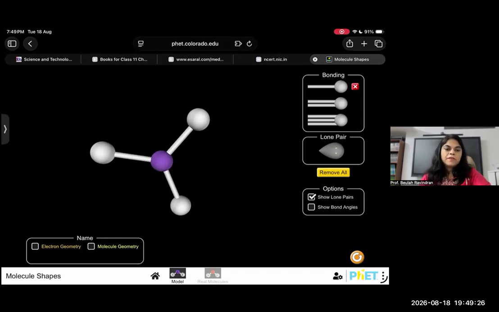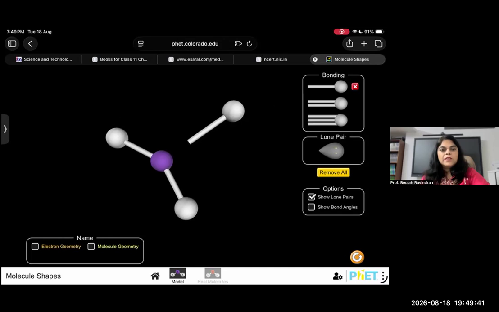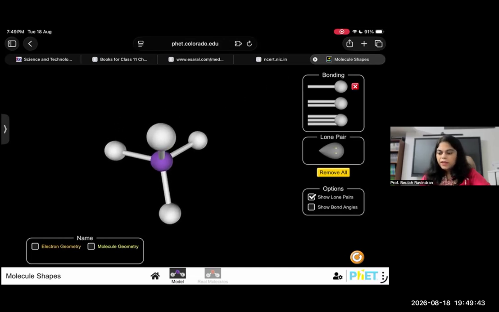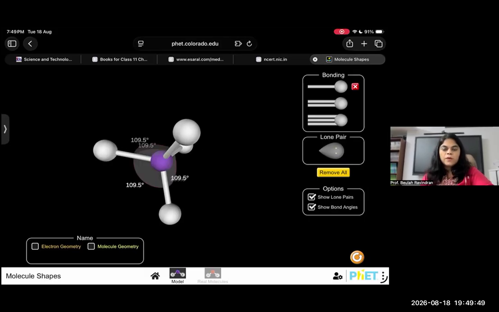And if you add 3, then it forms, we saw, right? What is the molecular shape of the AB3 type? It is triangular or trigonal planar. We saw, right? A is here and 3 bond pairs. If you add another one, it forms the AB4 type. And what is the angle between these? Show bond angles also. 109 degree 28 minutes.